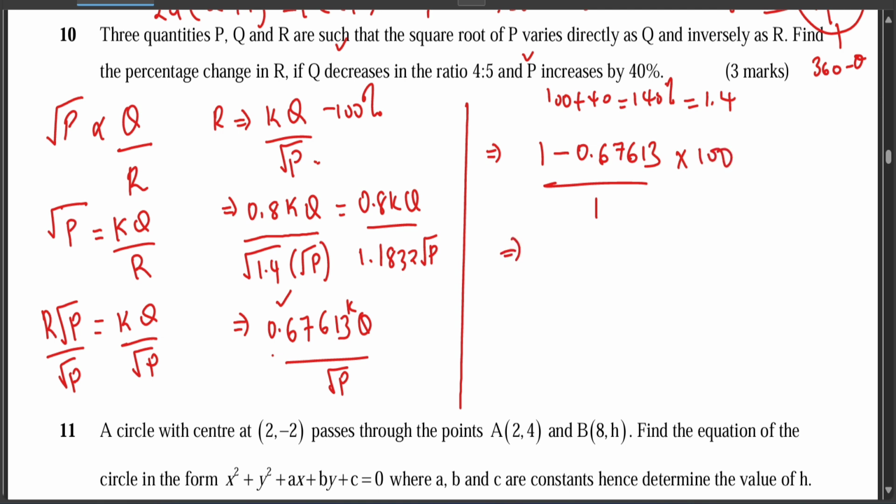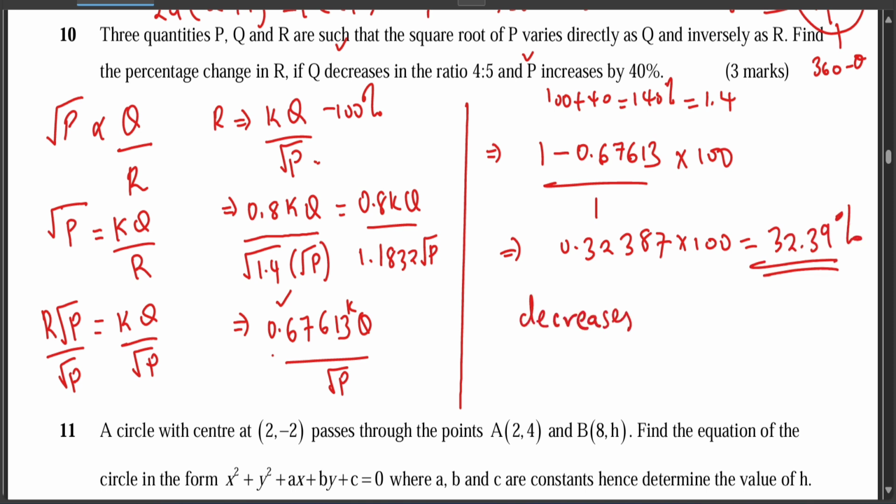So 1 minus that gives you 0.32387 multiplied by 100, giving 32.389. So here you will write it decreases by 32.39%.